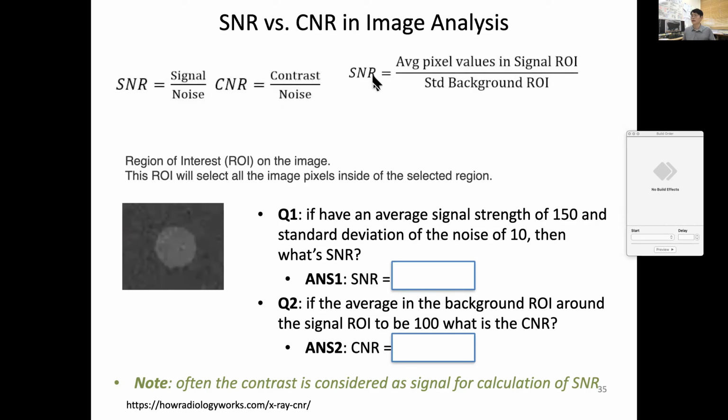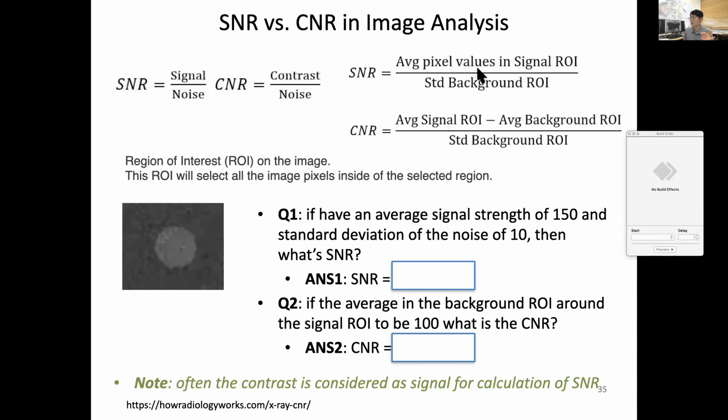When there is an image, and you know this is an object of interest, you want to have a region of interest, take the average pixel value of the signal and the standard deviation of the background. That's SNR. What about contrast to noise ratio? Exactly the same, but instead of the signal, you subtract the background average, which makes it a contrast.